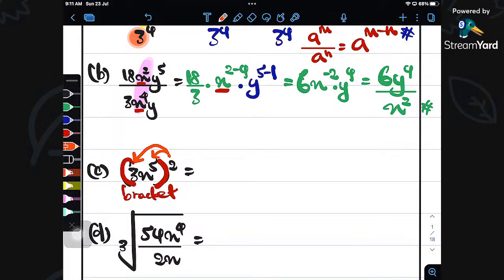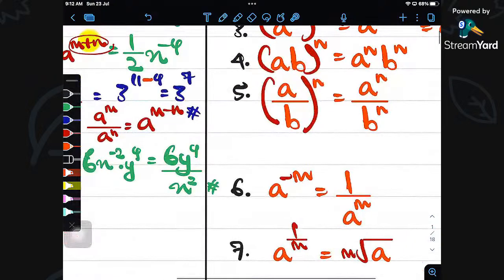So it's for 3 to the power of 2 dan juga x to the power of 5 times it with 2. Alright, so this power, what I meant here is this power 2, tak kisahlah power apa-apa pun, when you have a bracket there, you must make sure both of the variable has the squared number 2.